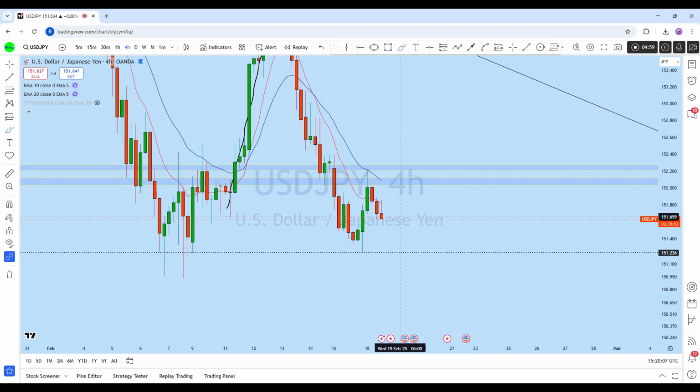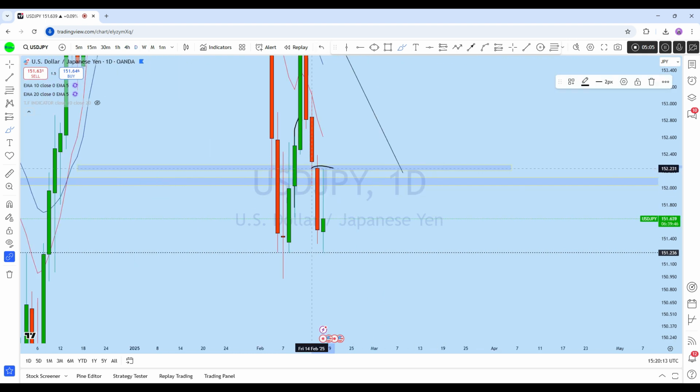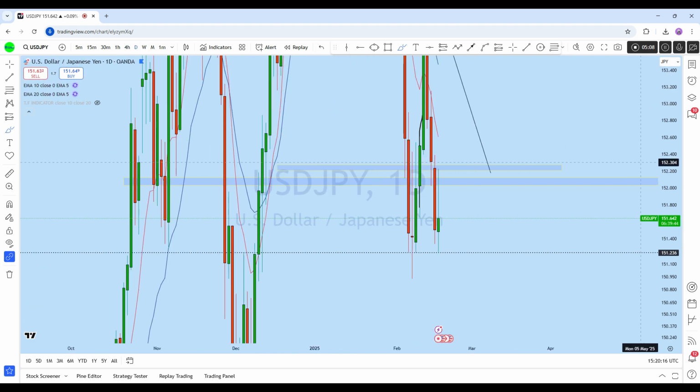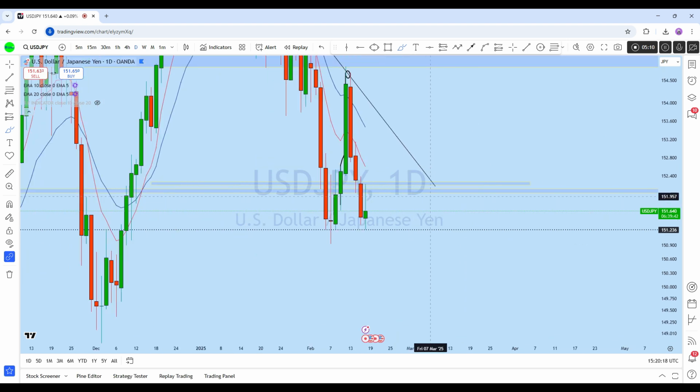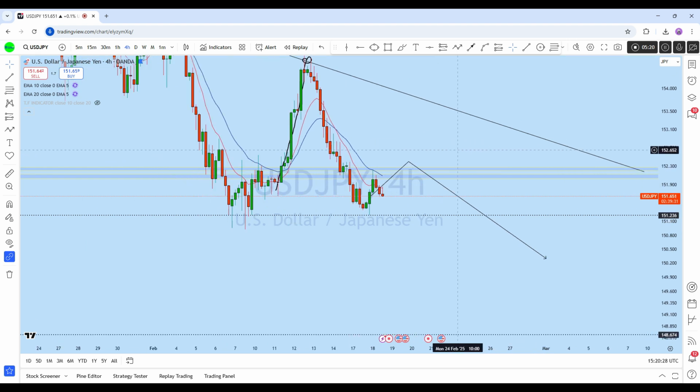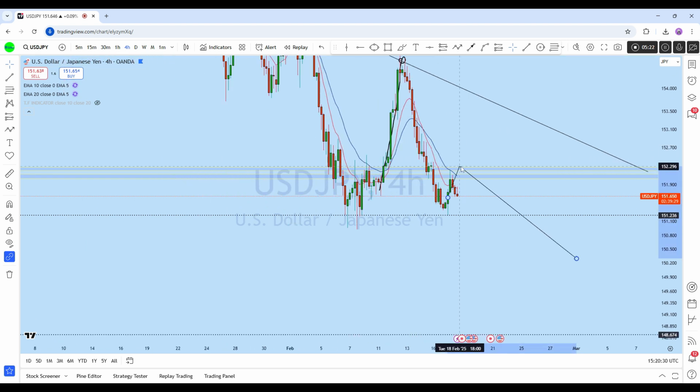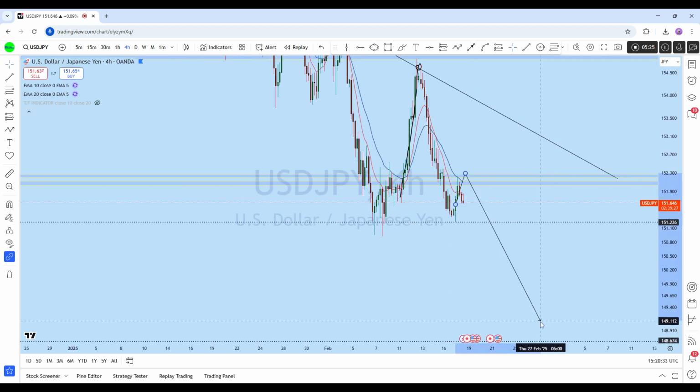But I think dollar yen may try to retest that level again. If we go back to the daily, we can see there is a long wick doji. As the daily candle close is nearing, we might see a potential another retest of this daily resistance, and from that zone we may see dollar yen potentially dropping down. There are two probable scenarios here on dollar yen.